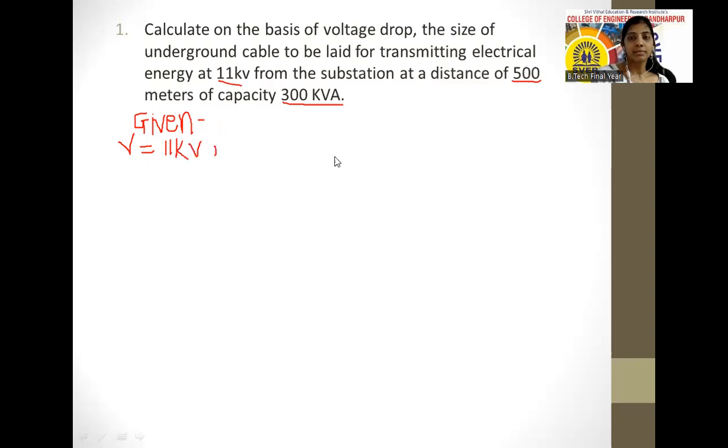Then next, length of the cable or distance, it is 500 meters. Then power is given, 300 kVA.